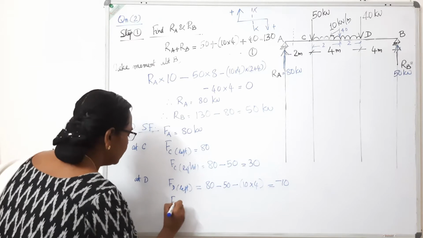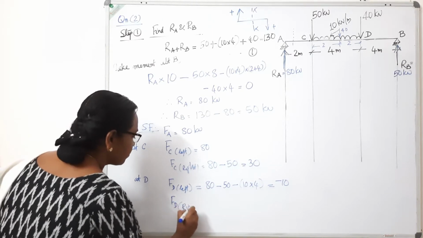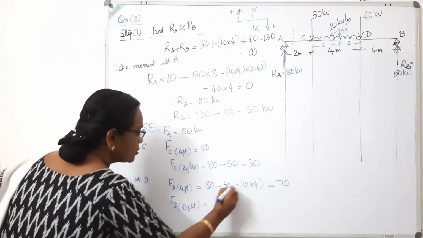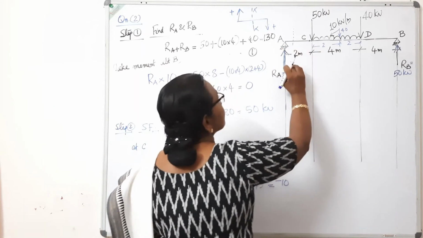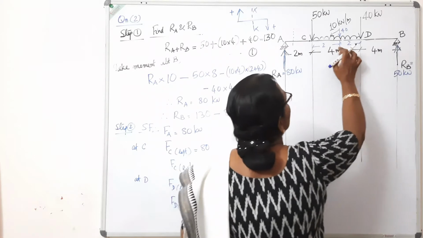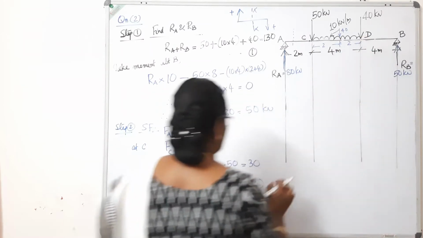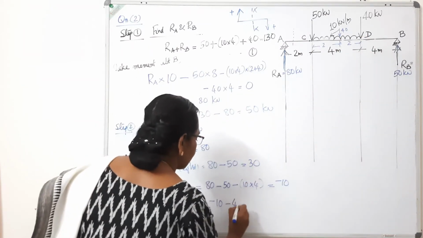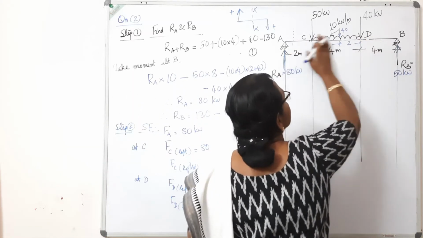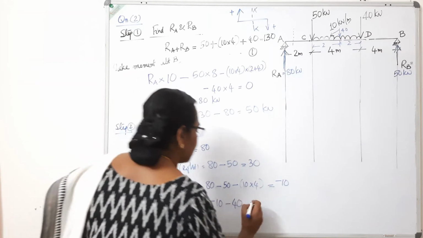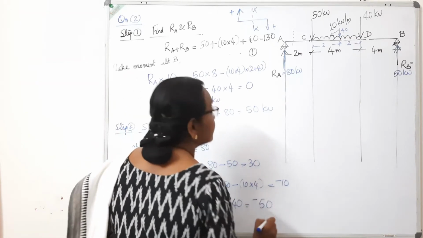Just to the right of D, this minus 10, minus 40. When you move to the right of D, all the forces to the right of it, so it will be minus 10, minus 40, it will be minus 50.